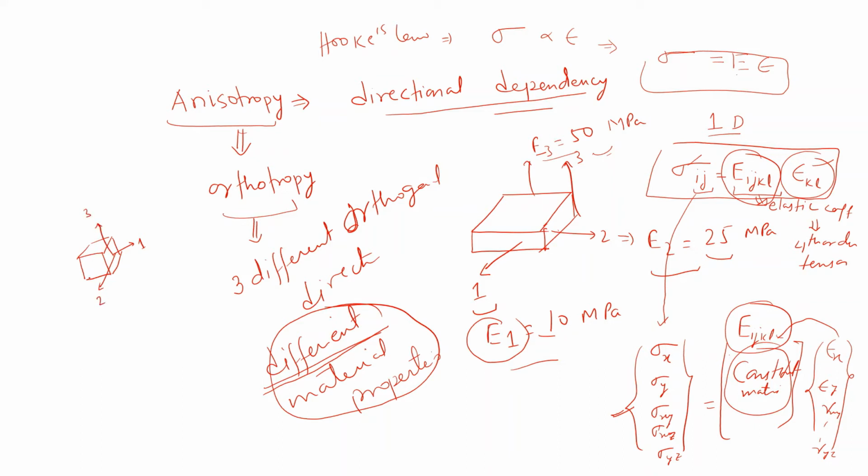In all three directions we will have sigma 11 or sigma XX in this direction, sigma YY in this direction, and sigma ZZ in this direction. Similarly we will have shear stress sigma XY, with directions x and y, in this direction, and sigma XZ, with directions x and z, in this direction.